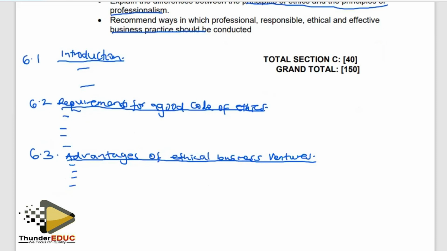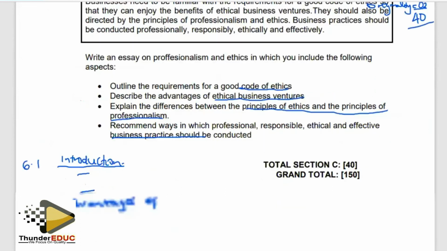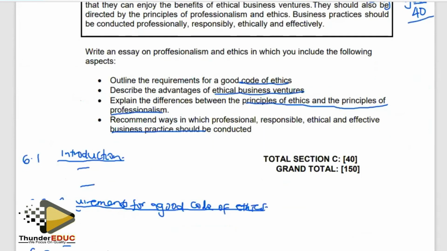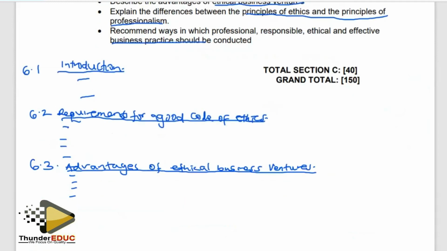Then on 6.4, they're asking, what is the question here? Can I see it? It is, explain the differences between principles of ethics and principles of professionalism.